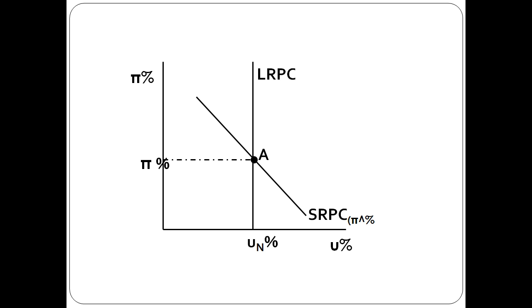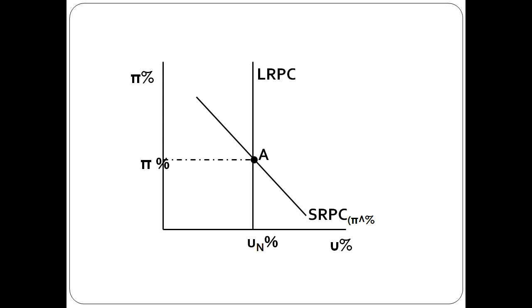So what we're going to do here is we're going to say that there is a policy, it can be fiscal, it can be monetary, that is expansionary and thus is seeking to lower the unemployment rate.